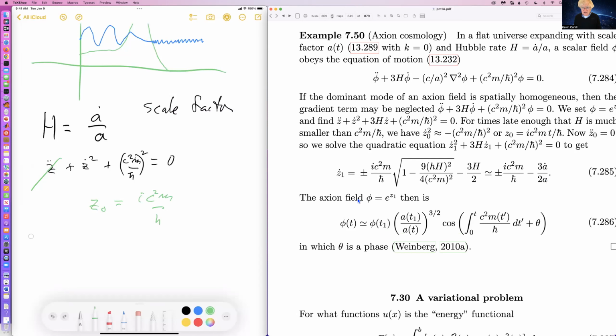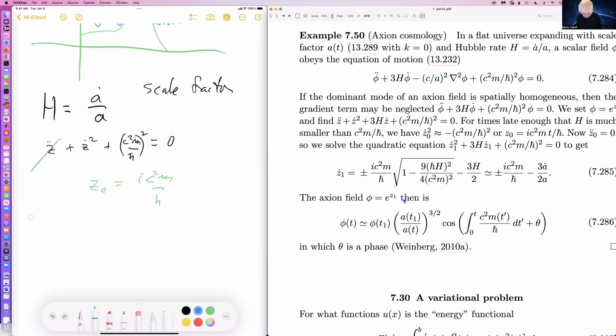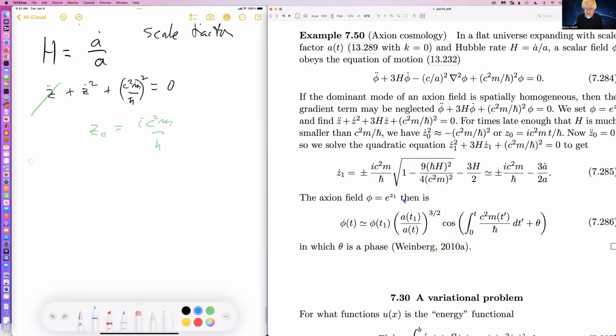And then our axion field, let me switch to blue, the axion field phi, which is e to the z1, is e to an integral of i c squared m over h bar squared minus 3 a dot over a dt.